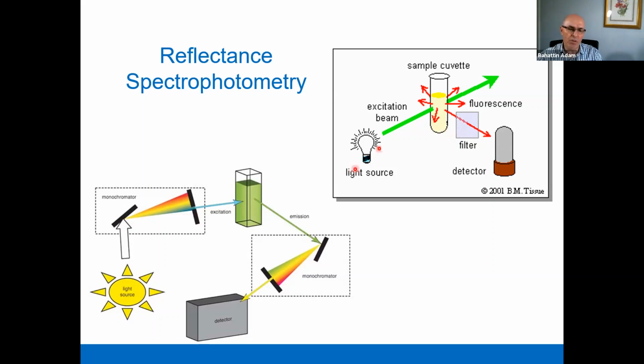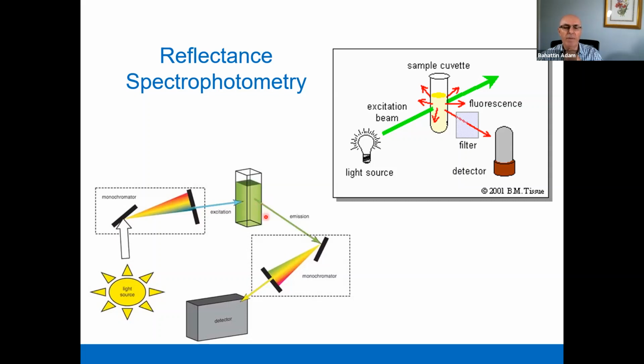Okay, this also shows the mechanism of the spectrofluorometer, or spectrofluorescence meter. As you see, light comes through the monochromator, which selects the wavelength of the light, and then through the test tubes.